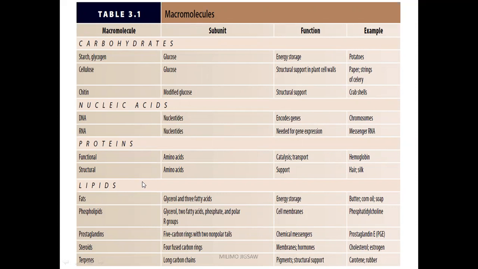And then you also need to know the examples of the isomers: the structural isomers, optical isomers, and stereoisomers. And you also need to know the functional groups: which functional groups are found in carbohydrates, which in nucleic acids, which in proteins, and which in lipids.